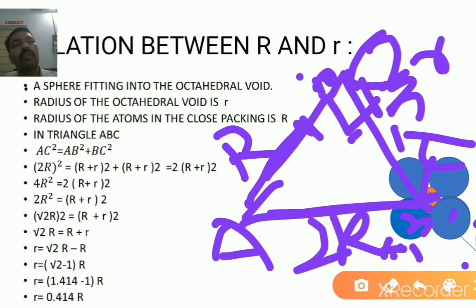The total distance of AC is 2R. So (2R) square is equal to AB square plus BC square, where AB means capital R plus small r, and BC is also capital R plus small r. So (2R) square, that means 4R square, is equal to (R plus r) square plus (R plus r) square.